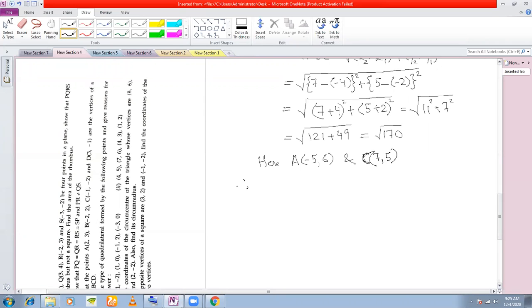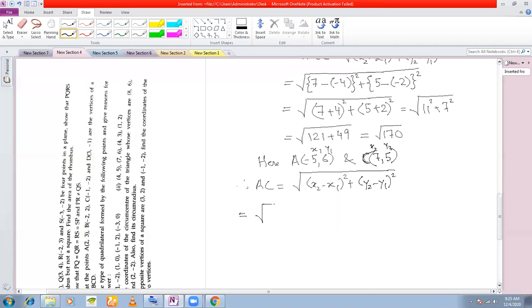Okay, so therefore AC is the square root of (x2 minus x1) whole square plus (y2 minus y1) whole square. So x1, y1, x2, y2.